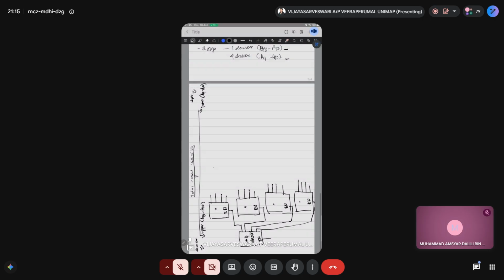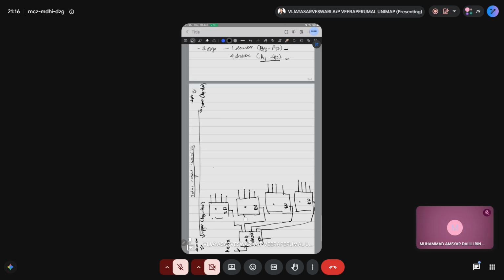Okay, input dia akan datang daripada dalam atas. So which is ni adalah daripada A13 hingga A12. You boleh letak macam ni dah cukup lah. Ataupun you nak buat A13, A12 pun boleh. No problem. Okay, kat sini pula untuk yang second stage adalah A11 to A10.